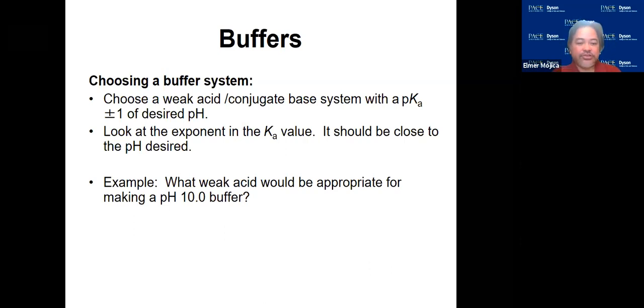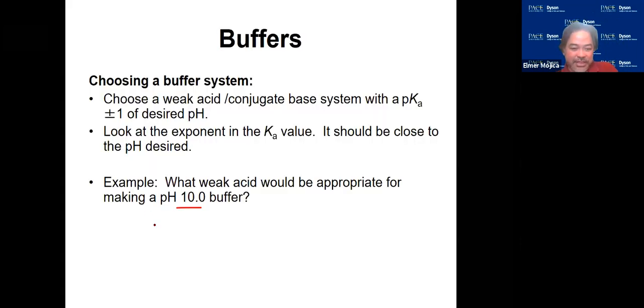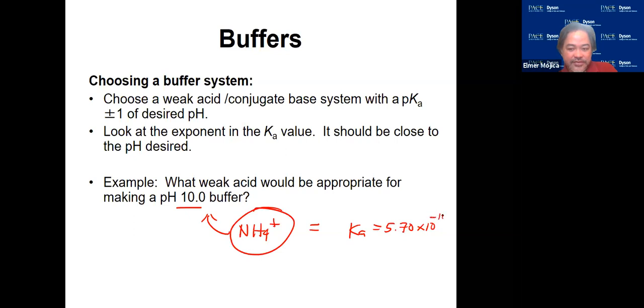It should be close to the pH that is desired. So if you are asked what weak acid would be appropriate for making a pH equals 10, you're going to look at the appendix, and the one that is closest to this is this buffer system, because its Ka is 5.7 times 10 to the negative 10.